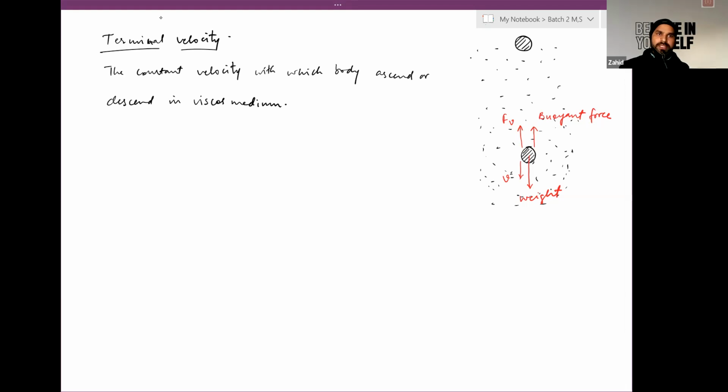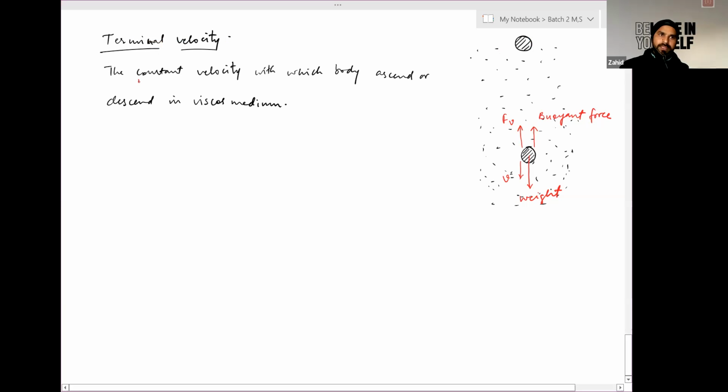Now, since velocity is constant, it will have zero acceleration. So the acceleration of this particular body will be zero. It means the net force acting on it must be zero. Now we have three different forces acting on this object, two in the upward direction and one in the downward direction. So the total upward force and the total downward force should be equal to each other.